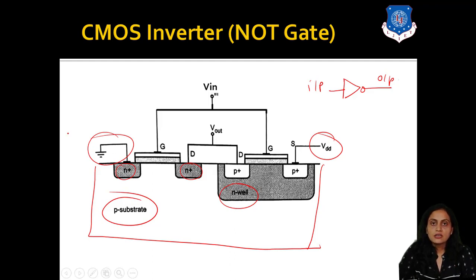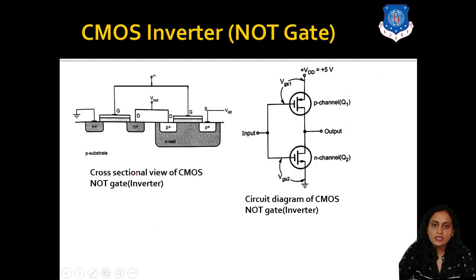So this inverter circuit is designed using NMOS and PMOS both. Again the same thing is repeated over here, so you will find the symbolic representation and circuit diagram of NMOS and PMOS. This is the PMOS and this is the gate terminal. This is the source terminal, this is the drain terminal. This is the NMOS: gate, drain and source terminal.